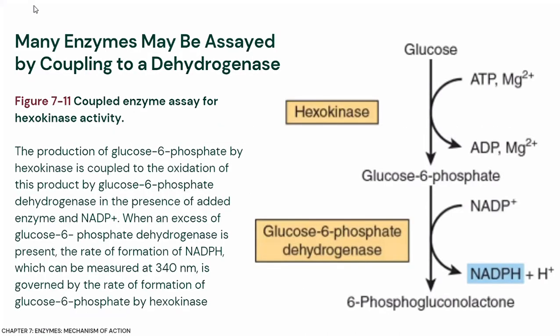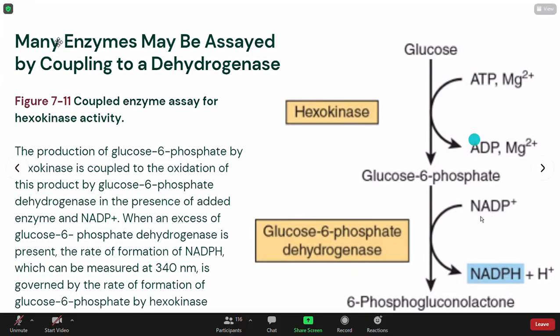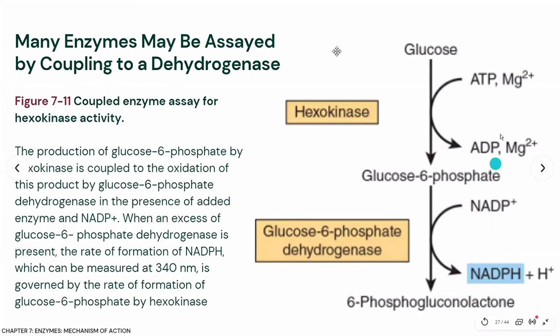Now, many enzymes may be assayed by coupling to dehydrogenases because it is easier to detect the presence of NAD or NADP. So they usually link this with a dehydrogenase. Like for example, you want to assay your hexokinase, they use a dehydrogenase there, because what you can assay here is not the amount of hexokinase, but the amount of products.